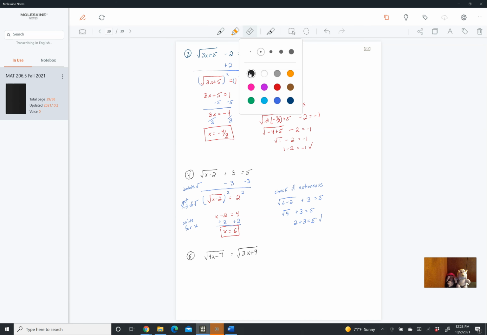When we have a radical on both sides, we can't really isolate the radical. What you're doing is you're making sure that you have a radical on each side so that when you square both sides, you get rid of the radical. Okay, so in this case, it is kind of isolated because we have one on each side. So that's what you want.